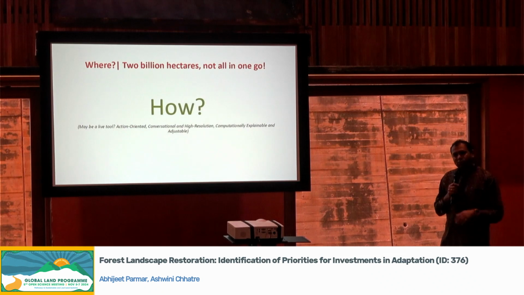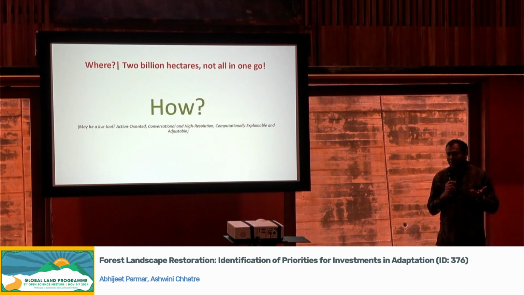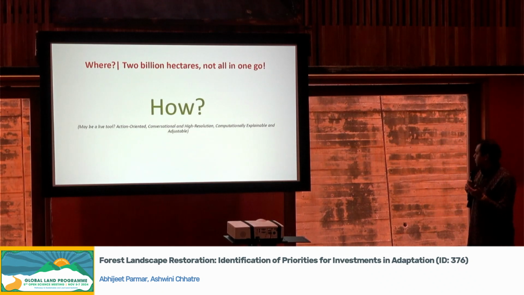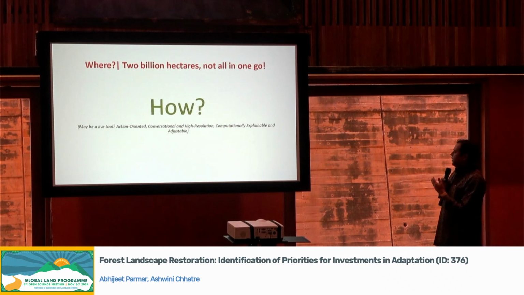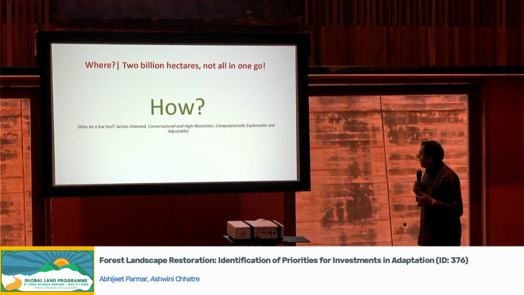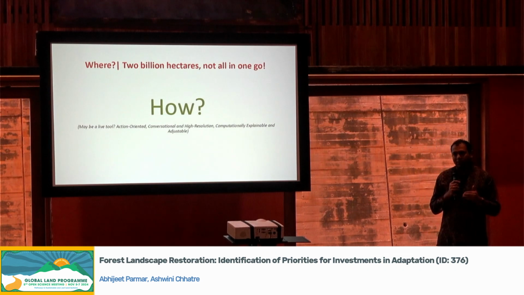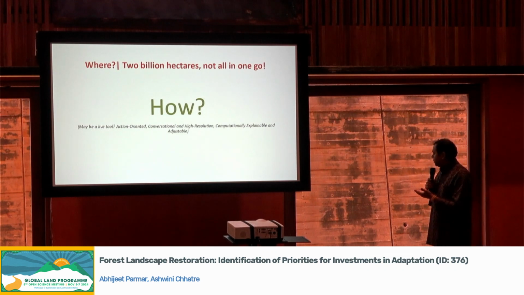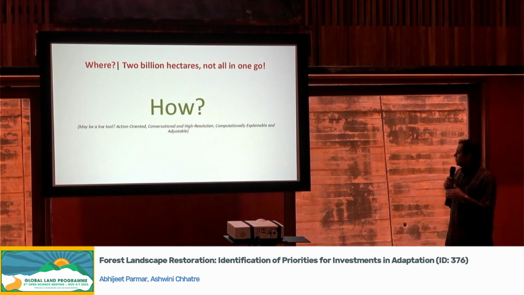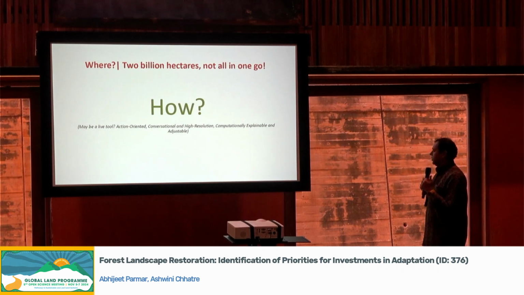And according to previous studies on potential restoration, we have 2 billion hectares which are to be restored. So what you see here in italics is something which we are doing, some of which are part of the wish list, and some things that we have achieved.